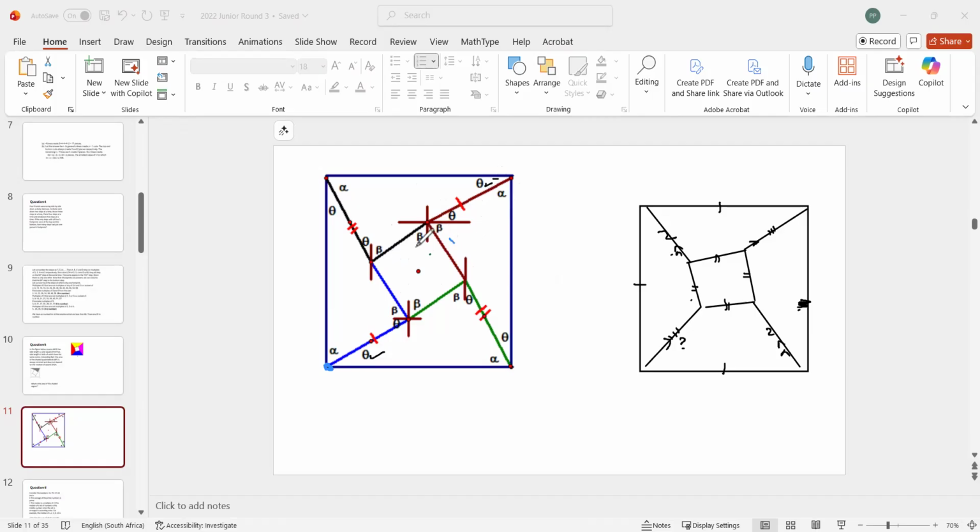So I can imagine, originally the sides were parallel, right? It was like this. And now it's been rotated around the center. Now every vertex will be rotated through the same angle. And that's obvious.